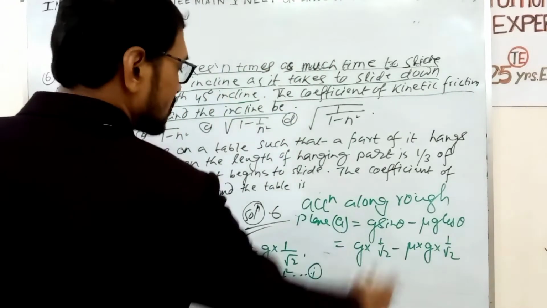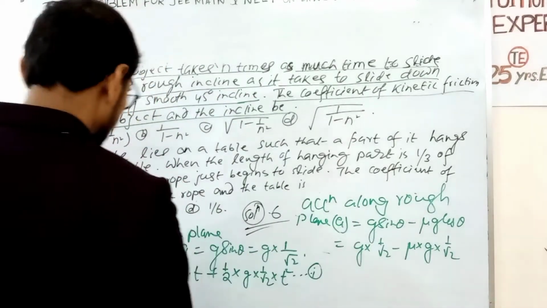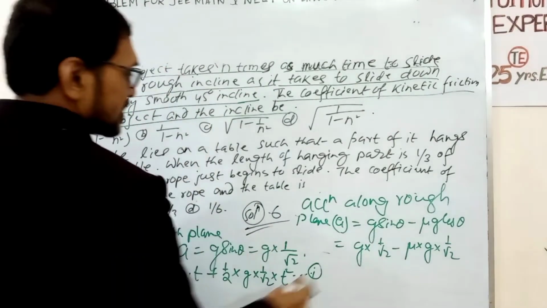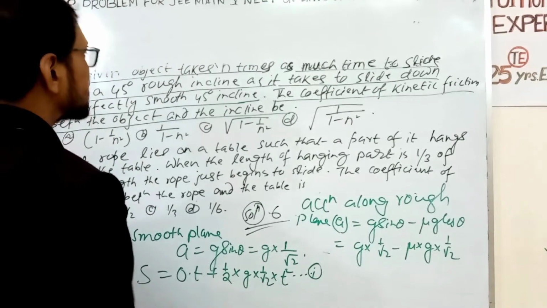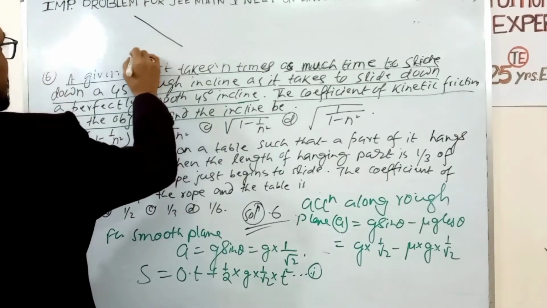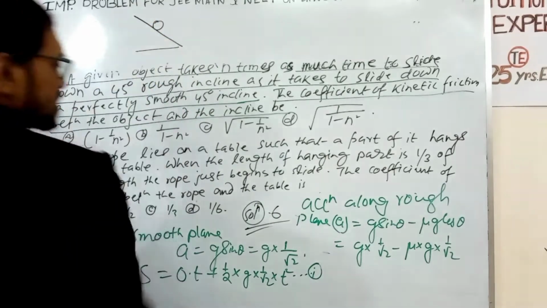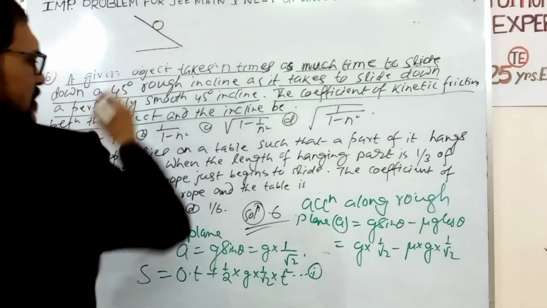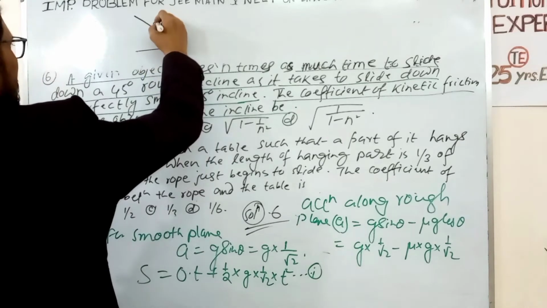This is the acceleration along the rough inclined plane. How is acceleration found? This theory has been discussed in detail in my friction video. So now just shortly I derive this.